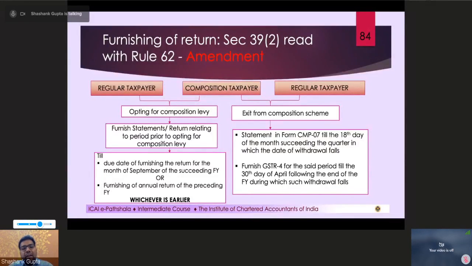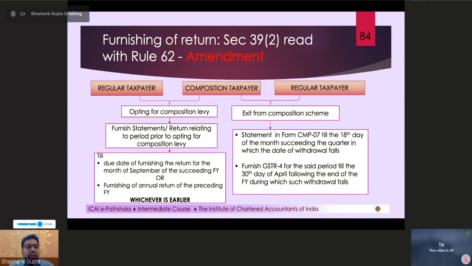So suppose for financial year 2021 he is opting for the composition scheme. Then from 1st of April he will undertake compliances as composition taxpayer. However, for the period prior to that, that is up to 30th March 2020, he has to file all the regular returns, that is GSTR 3B, GSTR 1, and pay the applicable tax.